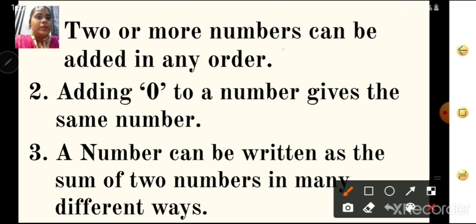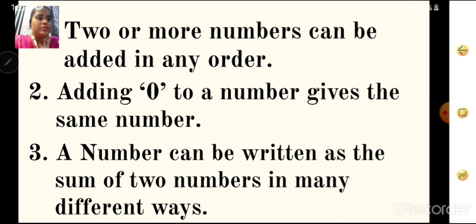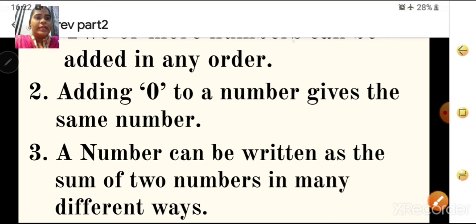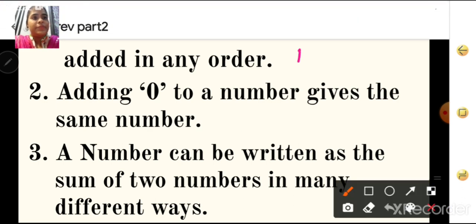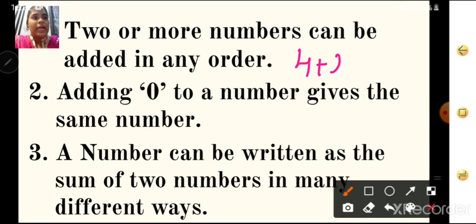For example, 2 plus 4, okay, is equal to 6, correct? If I change the order of the numbers, I can also write it as 4 plus 2. I will get the same answer as 6. So I can change the order of the numbers.